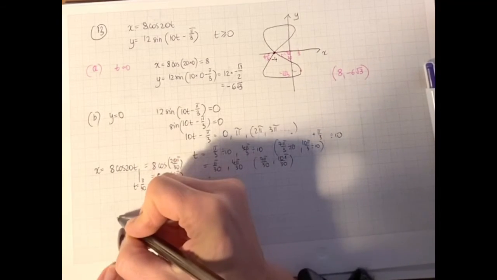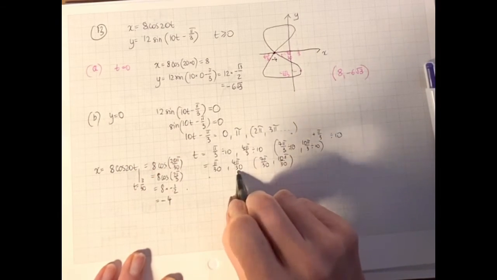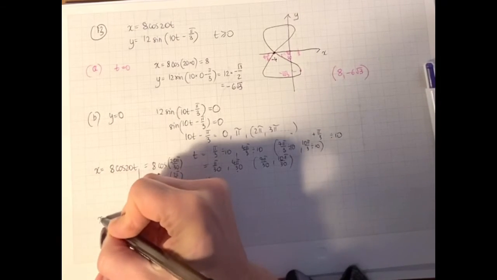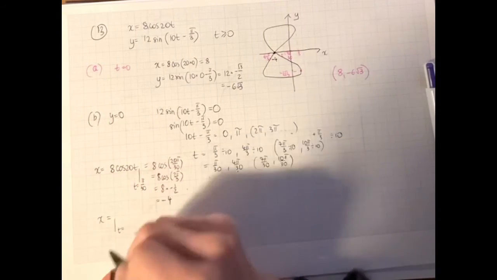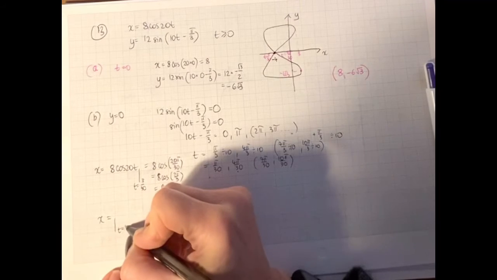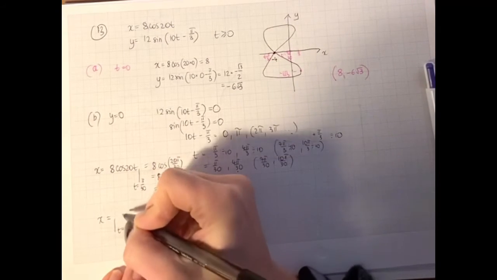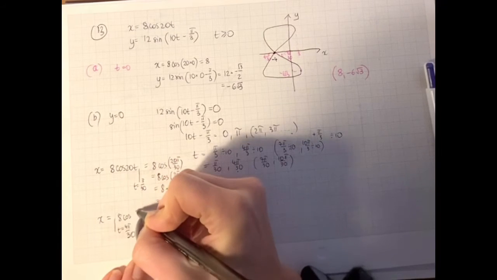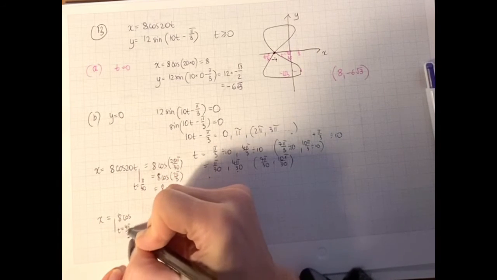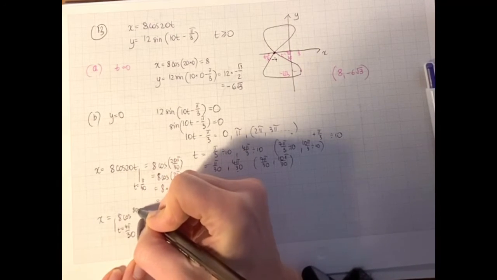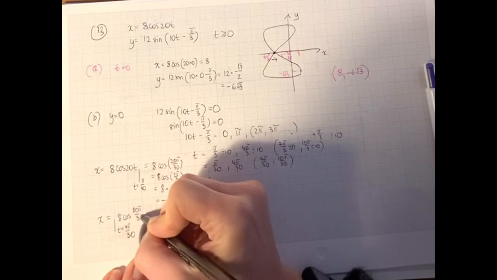And we can just confirm that you'll get the same value of x. You need to check it when t is equal to 4 pi over 30. So that's 8 cos, and you've put 20 times 4, so it's 80 pi over 30.